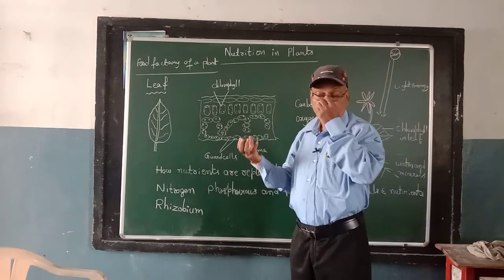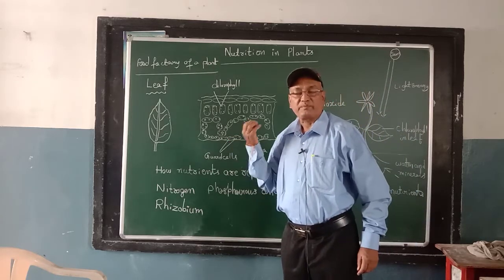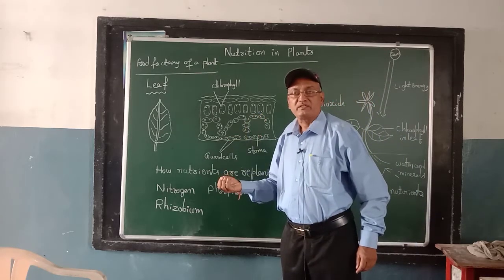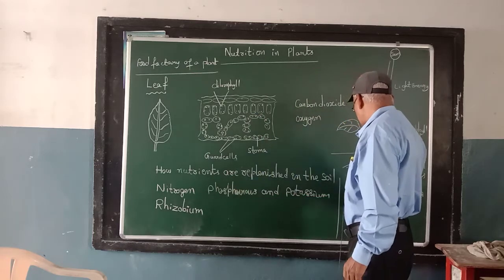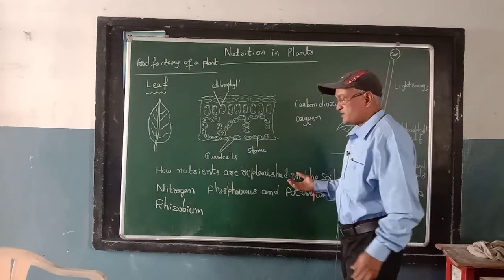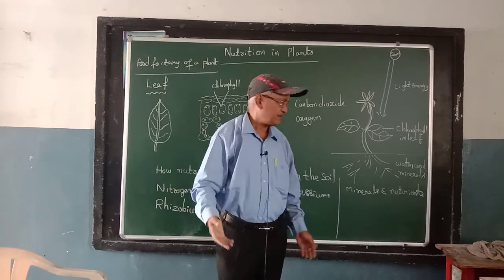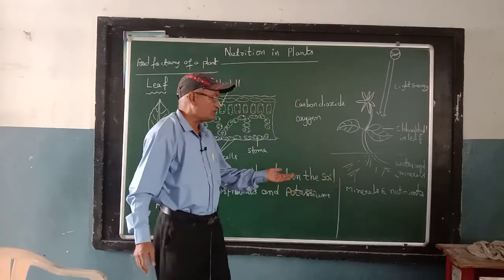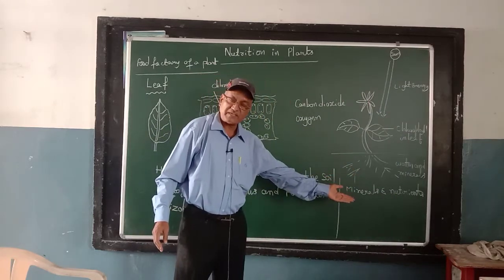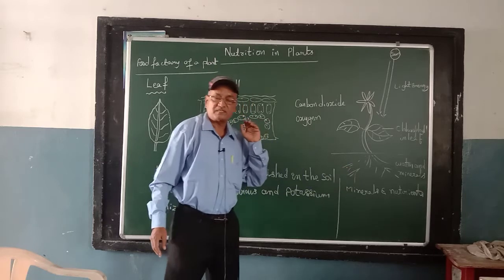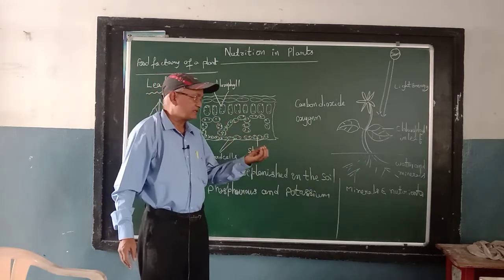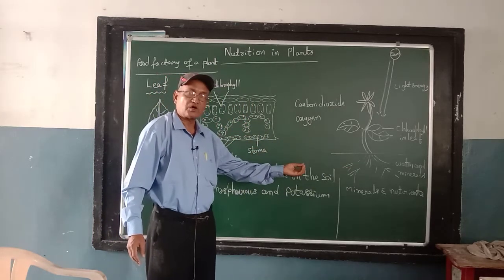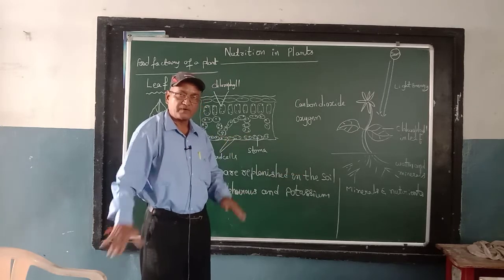As they absorb more and more minerals and nutrients, the percentage of minerals and nutrients in the soil will decline. From time to time, farmers have to put fertilizers and manures in the fields in order to maintain their percentage in the soil at a proper level.